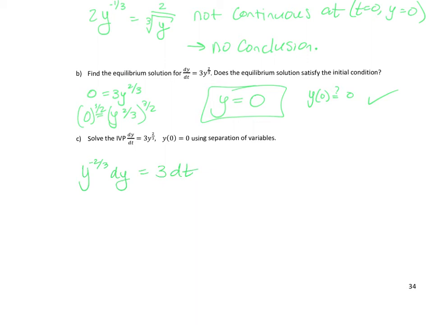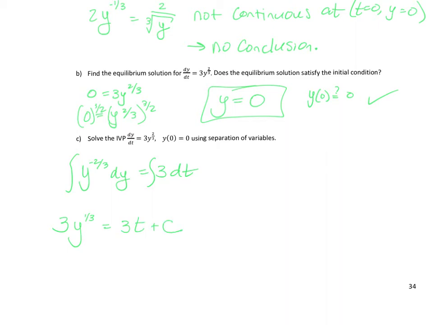I just divided both sides by y^(2/3), and I multiplied both sides by dt. Integrate, integrate. This is just the power rule. So add 1, and I get y^(1/3), divide by your new exponent, which is the same as multiplying by its reciprocal, equals 3t plus c.